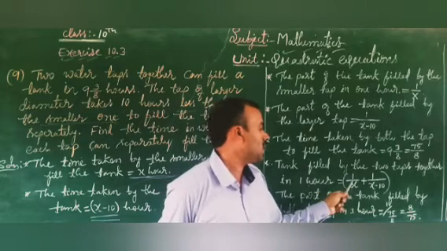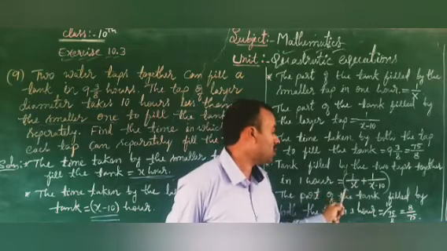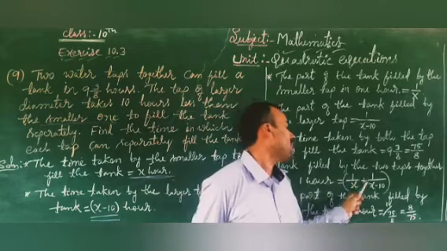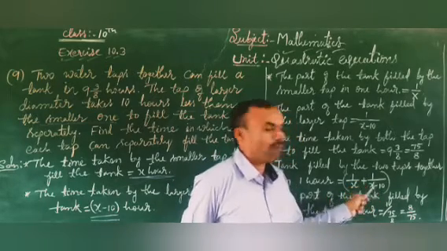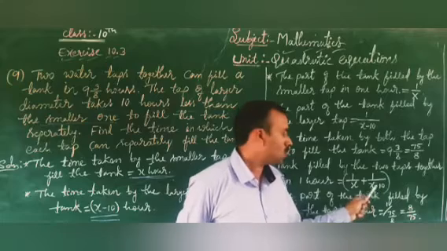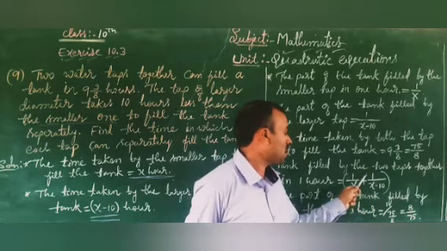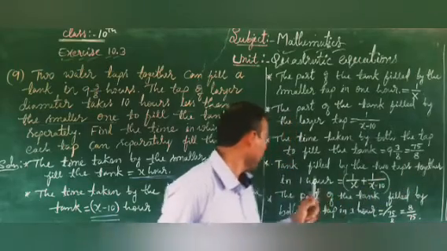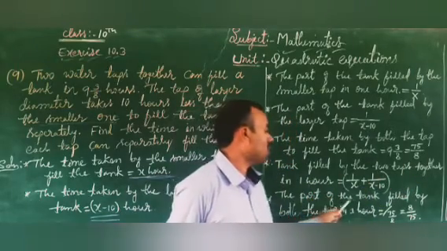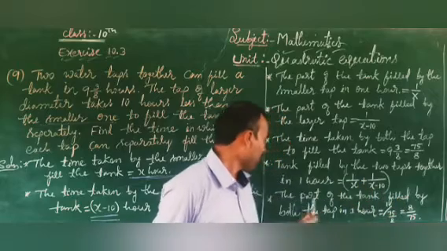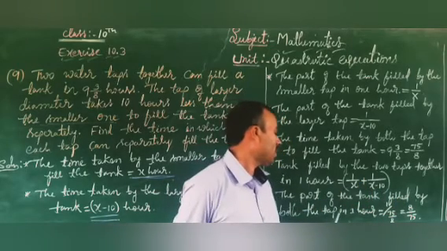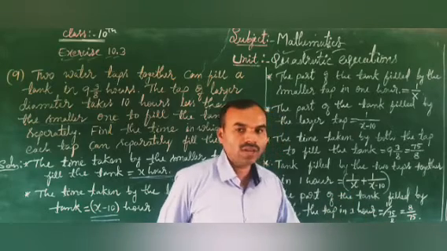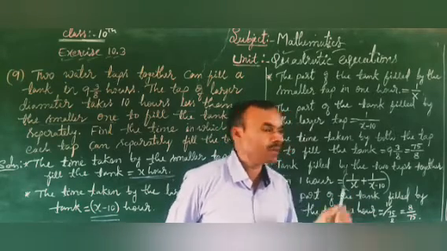That is the part filled by the smaller tap in 1 hour plus the part filled by the larger tap in 1 hour, together. We convert the given time into 1 hour.